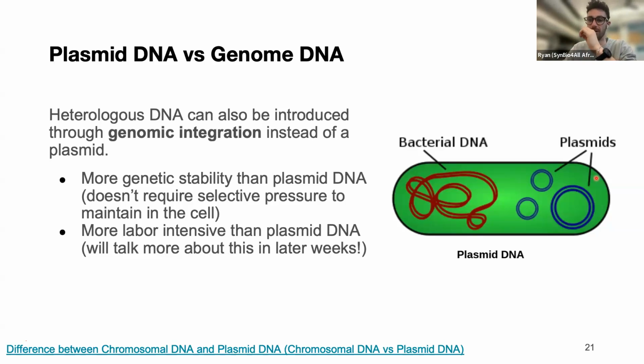That way you can make sure that your gene has made it into the cell and into the plasmid. If you don't have access to sequencing services, the best way to probably do it is through PCR.